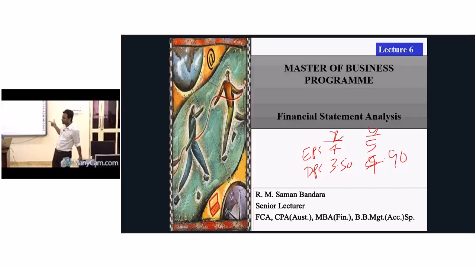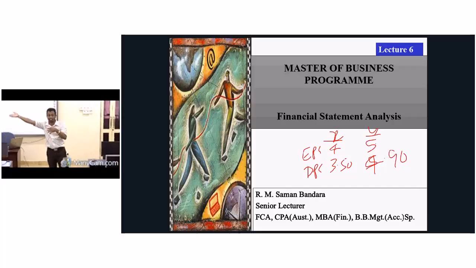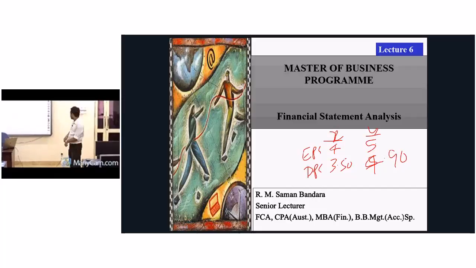That means they have retained something inside. We call it the retention ratio, dividend retention ratio. They have retained it for future developments. In that case, you can have something as a new investor. In this company, already everything is paid. No point, right? So anyway, it's the kind of idea you have to have.